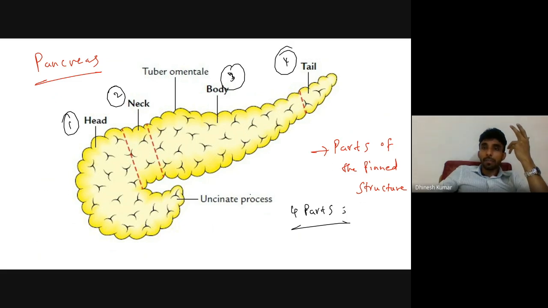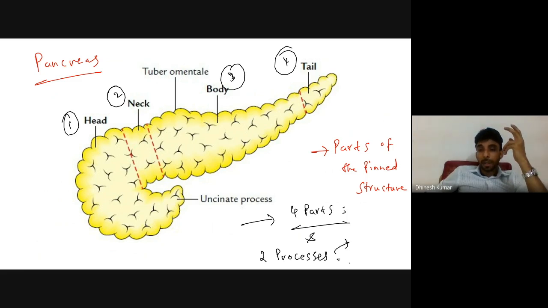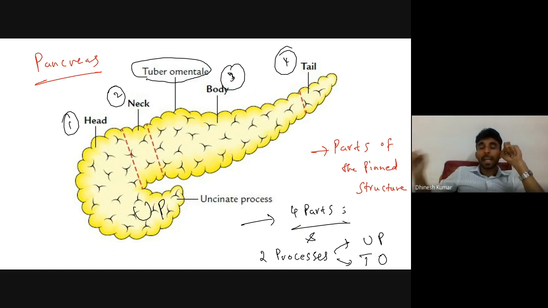Other than the 4 parts, the pancreas contains 2 projections called processes. What are the 2 processes? One is called the uncinate process. Another small projection is called the tuber omentale.